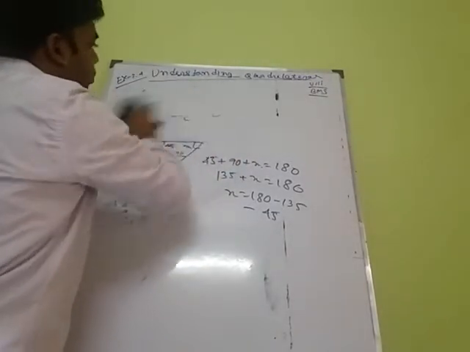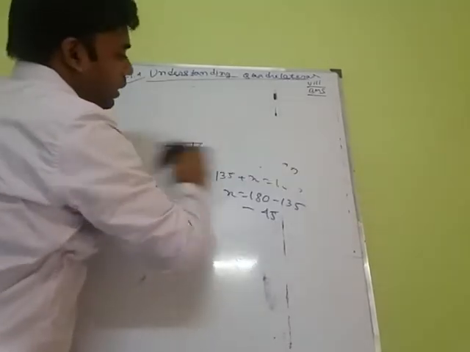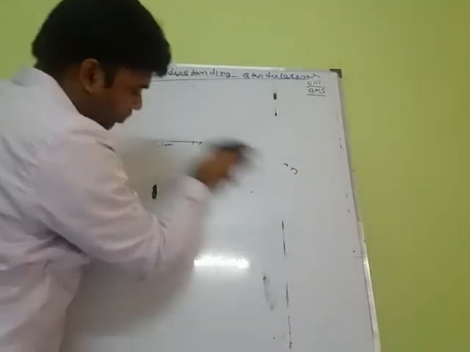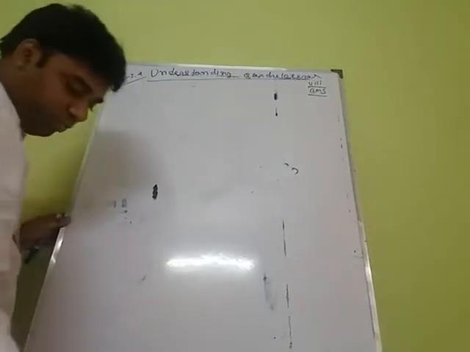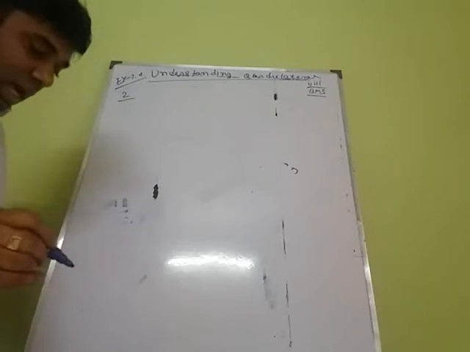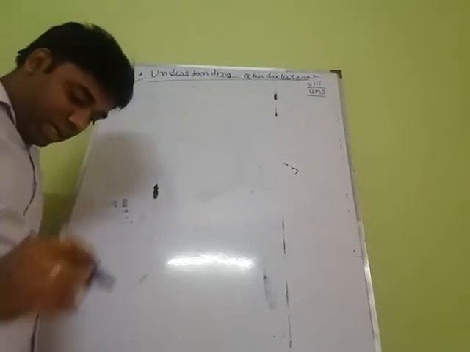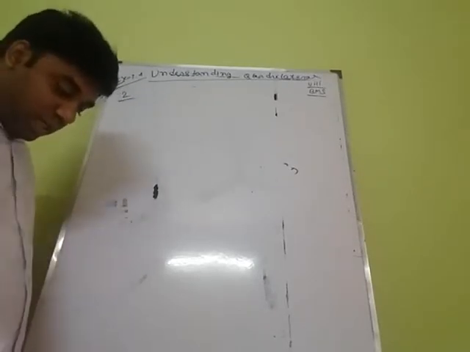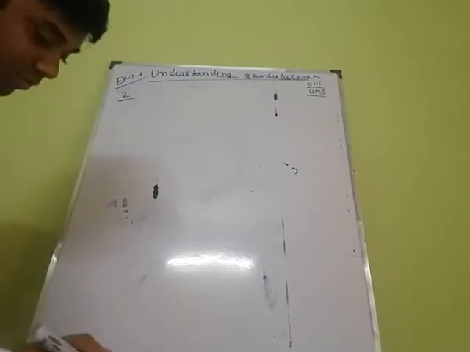Now, coming to exercise 3.4, question number 2. Identify all the quadrilaterals that have four sides of equal length.